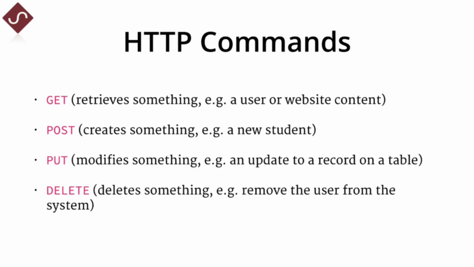So instead of get a specific user, you could send a delete a specific user request, and that would ask the API to interact with the database in a way that would delete the user. Remember, however, the applications don't know what that interaction entails. The application doesn't know what database is being interacted with, so they don't know if it's MongoDB or MySQL or any other type of database, for example.